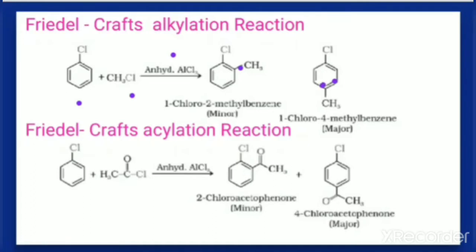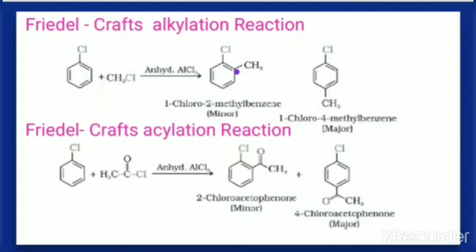So, we can say that the two products formed here are due to the substitution of the alkyl group. You can see the CH3 group is substituted here. So, when the CH3 group gets substituted at the ortho position, that is this position, you can find the CH3 group at this position.